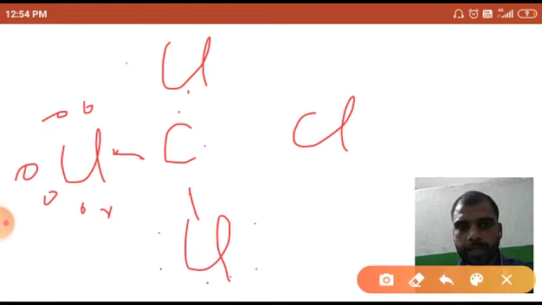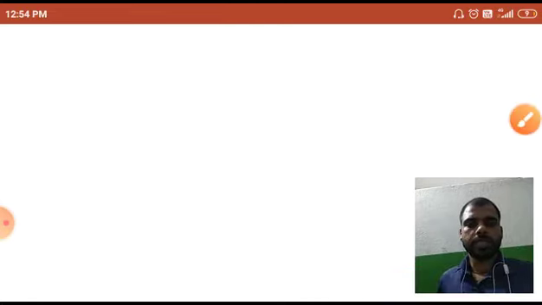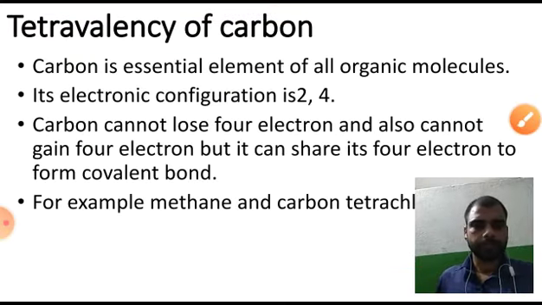You can write 1 only, no problem. And how will you write the structure? You can see C with Cl, Cl, Cl, Cl. Now, dear students, this was the structure of carbon tetrachloride and methane.